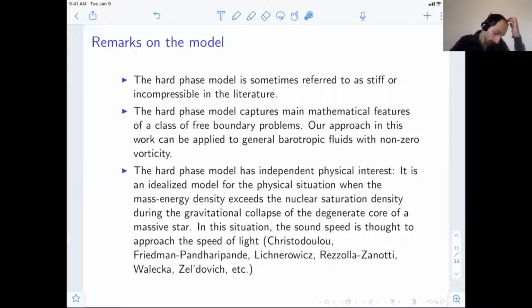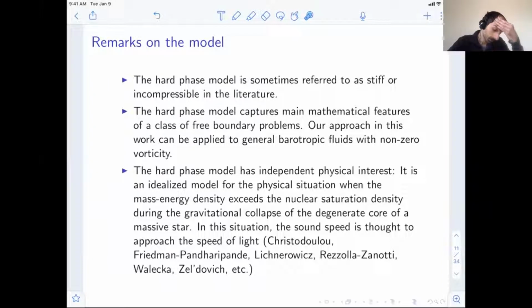But the reason we mathematically are interested in this is that it captures many of the important features of a much more general class of fluids, both relativistic and non-relativistic.